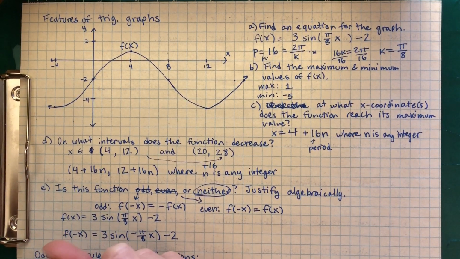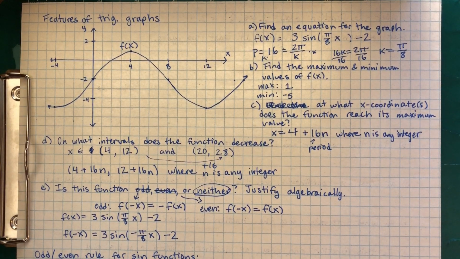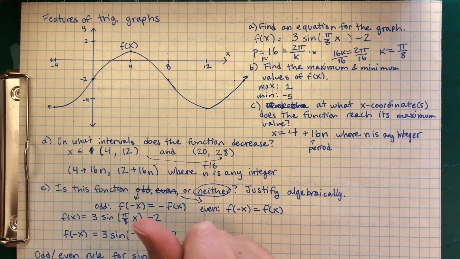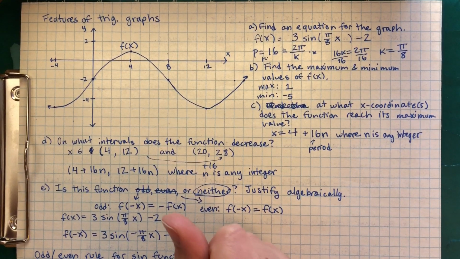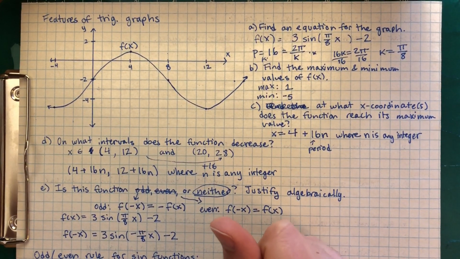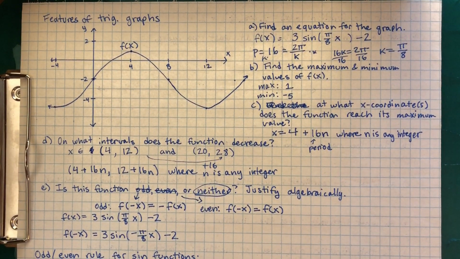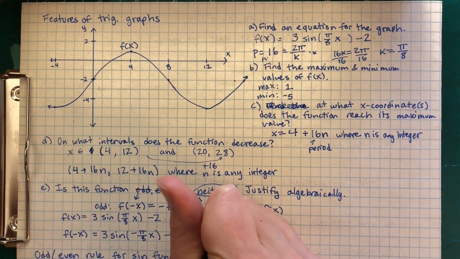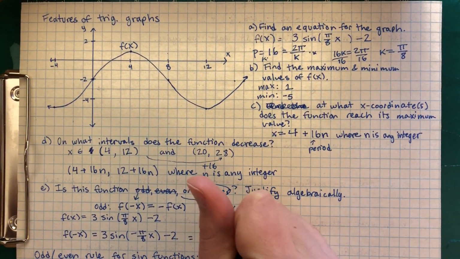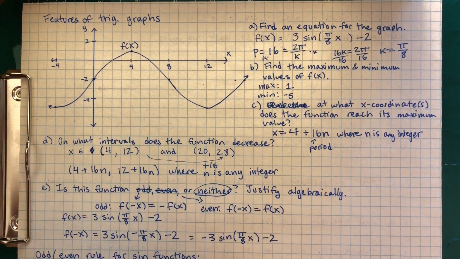You can see this from the graph of sine that looks like this. If we were to flip this around, it would look the same. That means that sine with a negative sign inside is the same as writing the negative sign outside. So we could simplify this and write negative 3 sine pi over 8x minus 2.